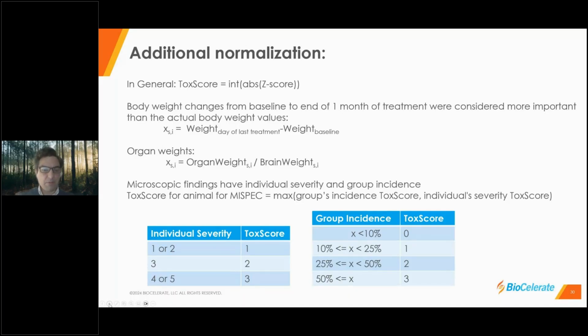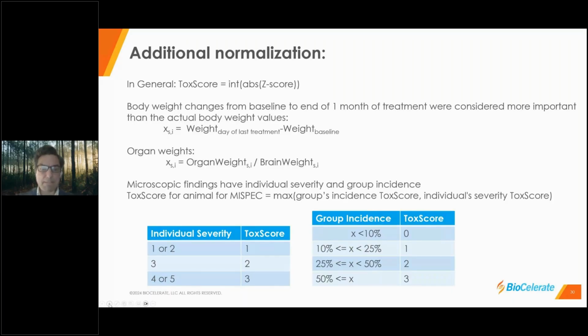So the individual severity scores are used to determine a TOX score, and the group incidence was used to compute a TOX score, and then the maximum of those was used for that individual's TOX score.